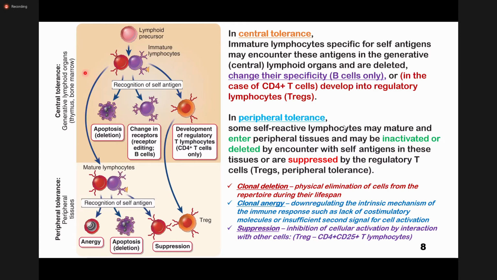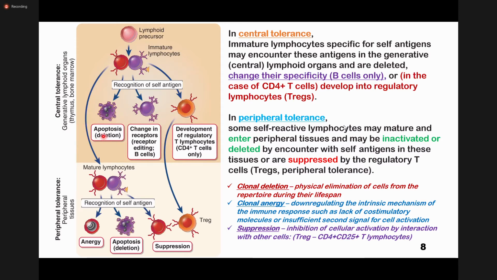Let's first look at central tolerance. You have the lymphocyte precursors in your bone marrow or thymus, and then you have lymphocytes that recognize self-antigens. The first way our immune system tolerates these self-antigens is by directly deleting them, which is apoptosis, also known as negative selection.